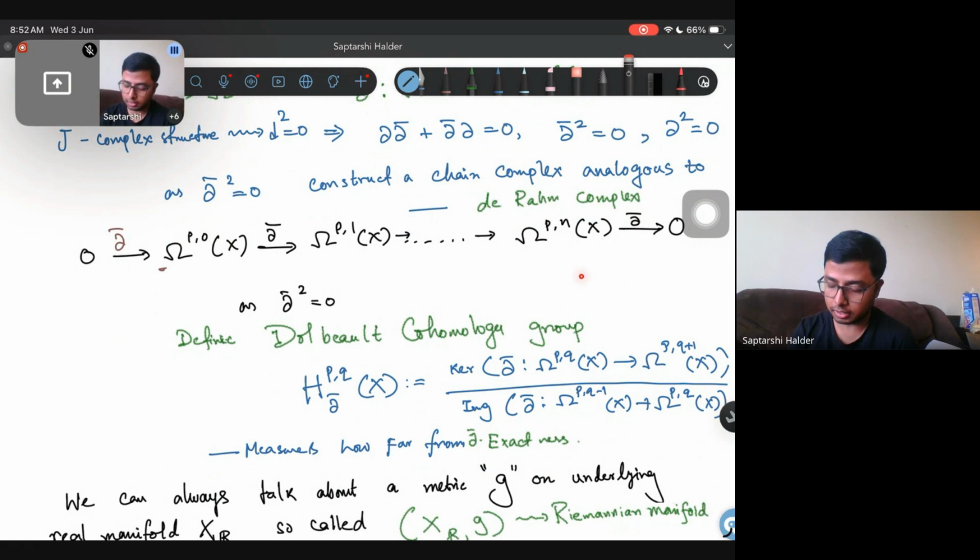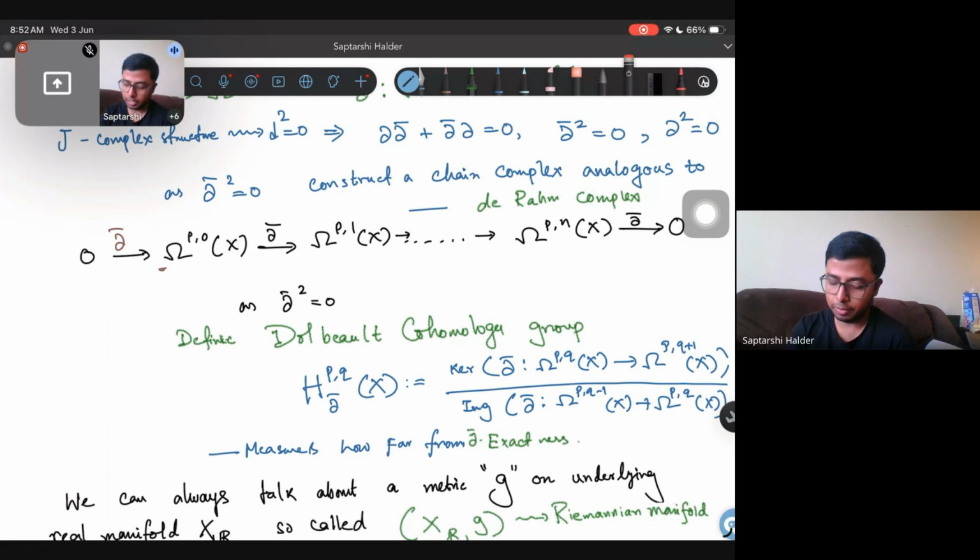So this is an exact sequence. We want this to be an exact sequence, but we measure by this Dolbeault cohomology how far it is from there. So we define this H^{p,q}_{del bar}(X) to be the kernel of del bar.